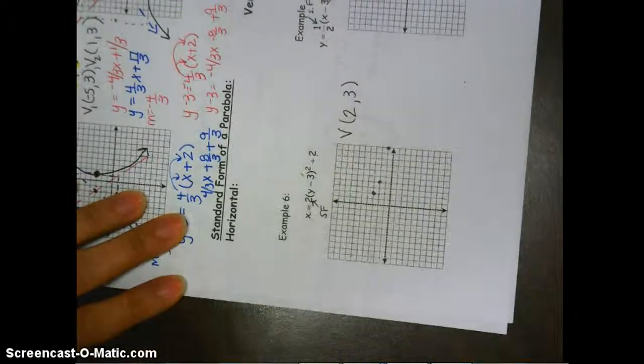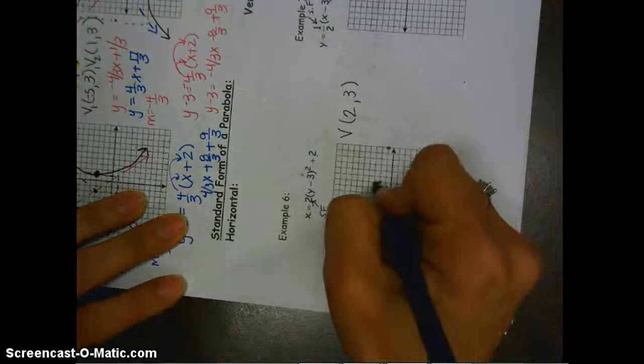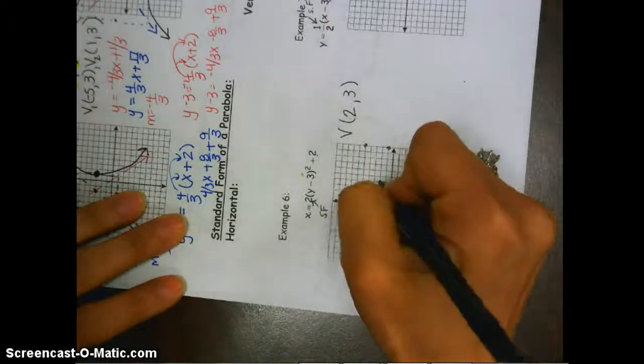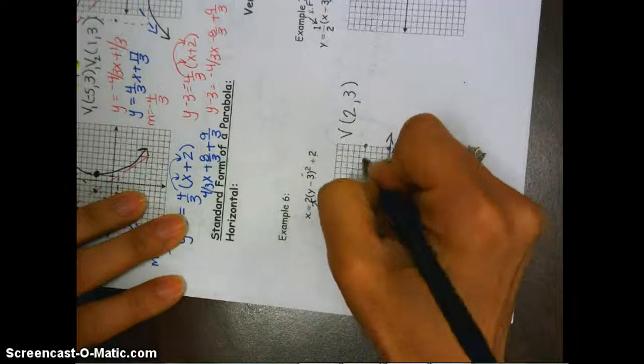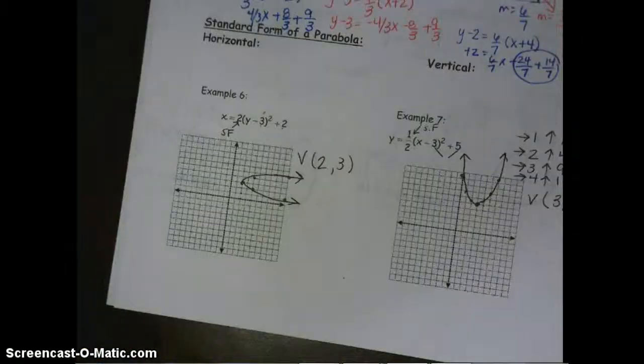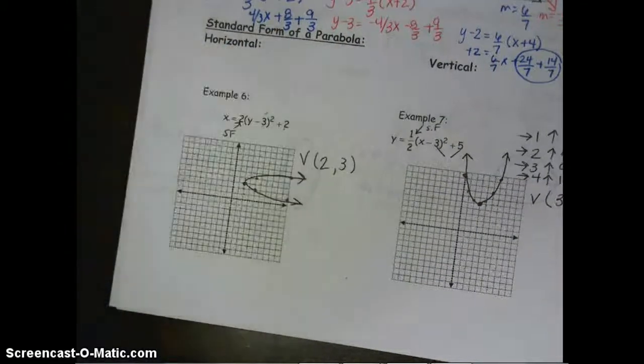So those are all the points that I can do. And then we're going to reflect those points, connect our dots in a parabola shape. So there's my horizontal parabola. And you can get these parent functions from the notes, the note sheet that I gave you today.